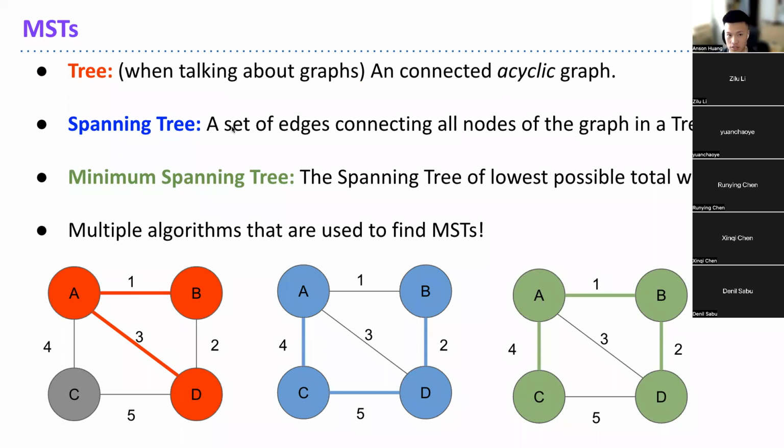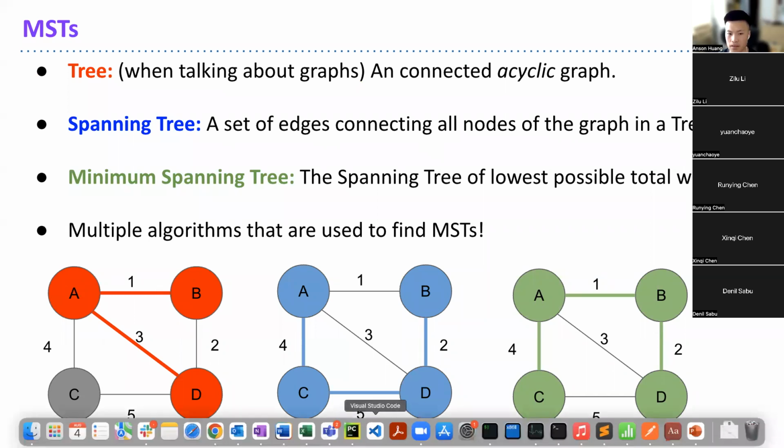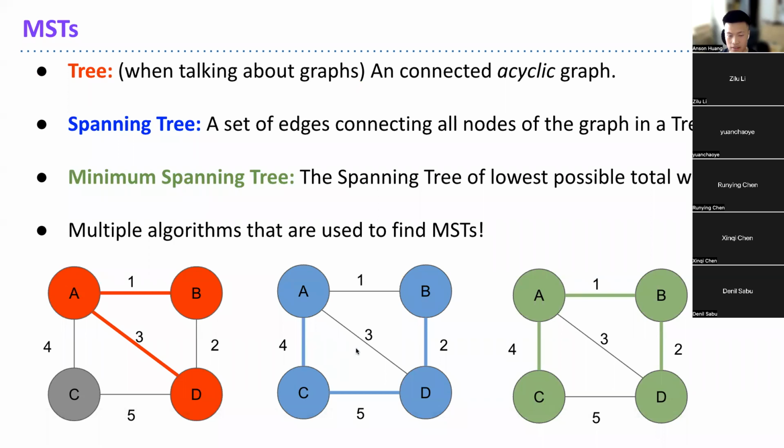A spanning tree is a set of edges that connects all nodes of the graph in a tree. So in this middle graph, notice how all the nodes are connected, right? It's connected via the edges 4, 5, and 2. A minimum spanning tree is just like a spanning tree, but with additional requirements.